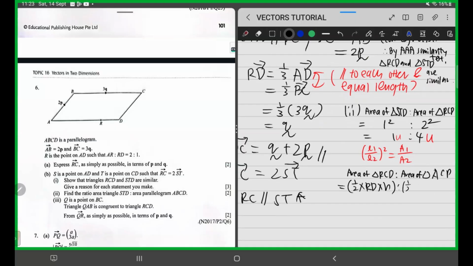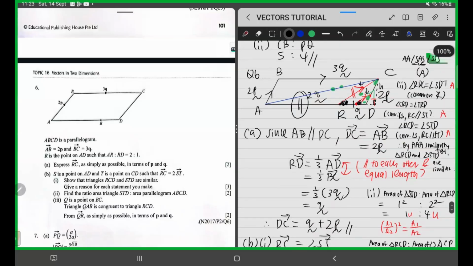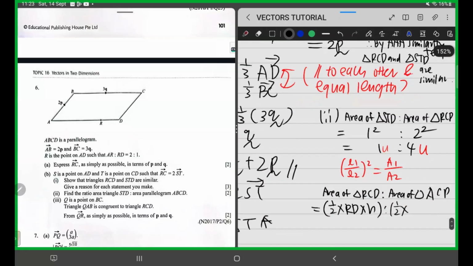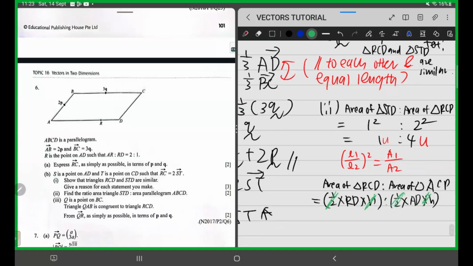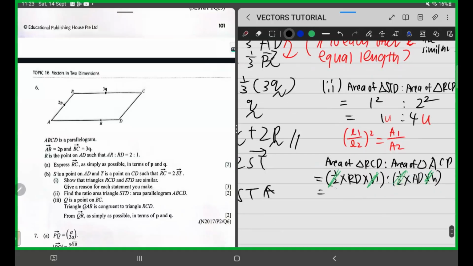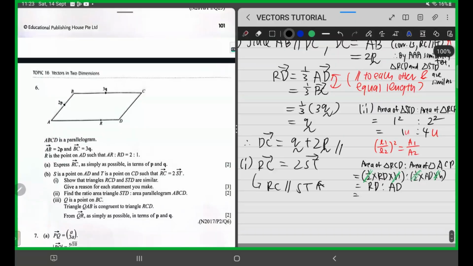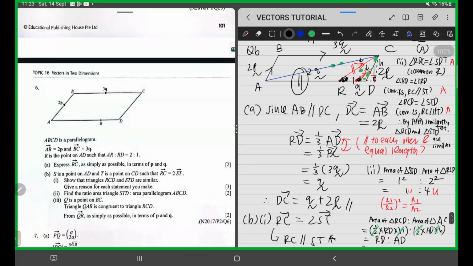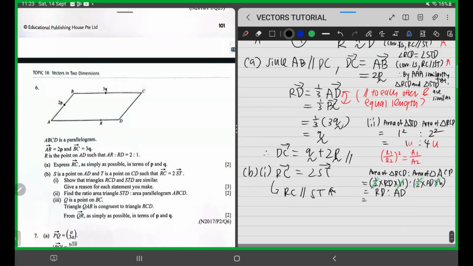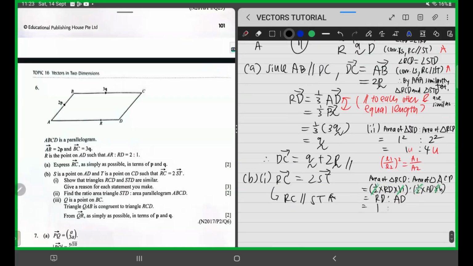So it gives us half times the base AD, times height. So by elimination, we strike these out. So that gives us RD is to AD. And we know that RD is 1 unit, and then AD is 3 units. So here is 1:3.